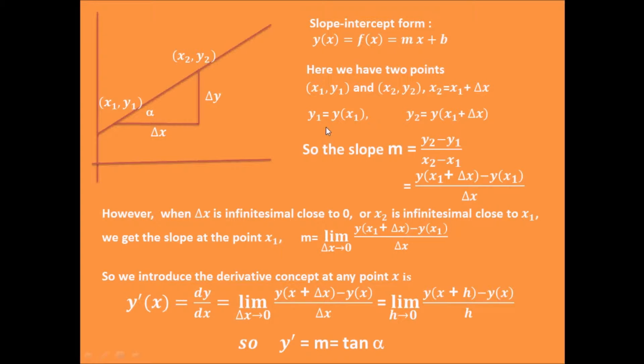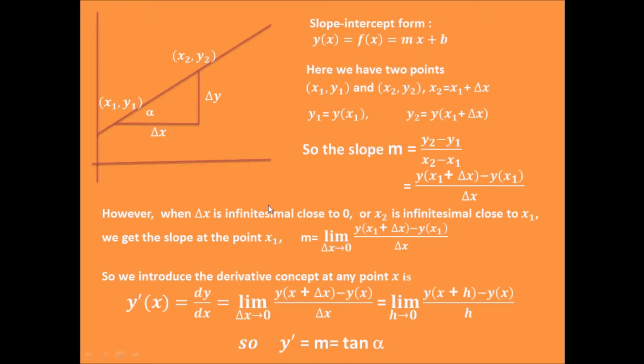So y1 is the function value at x1 and y2 is the function value at x1 plus delta x. The line slope m equals (y2 minus y1) divided by (x2 minus x1), which equals the function value at x1 plus delta x minus the function value at x1, divided by delta x.